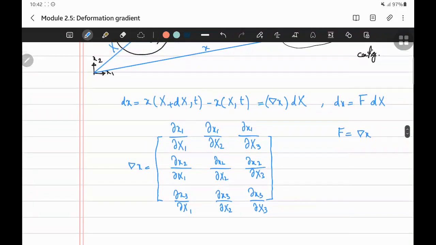So this is one format of writing the large deformations, in terms of the material coordinate, and del x is this second order tensor.